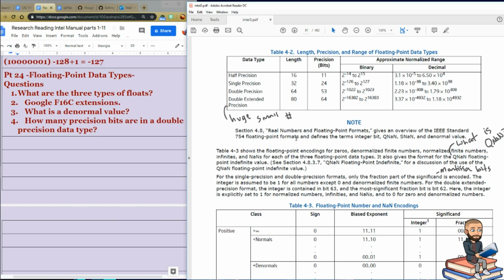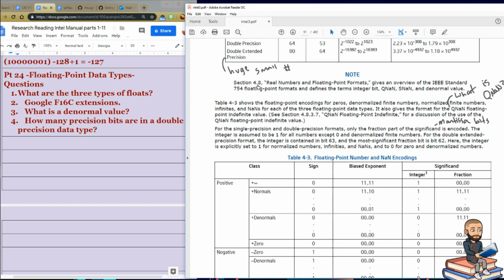There's a note here that says section 4.8 real numbers and floating point formats gives an overview of the IEEE standard 754 floating point formats and defines the terms integer bit, QNAN, SNAN, and denormal value. Now they're going to throw another table at us soon here. It says that table shows the floating point encodings for zeros, denormalized finite numbers, normalized finite numbers, infinities, and NaNs for each of the 3 floating point data types.